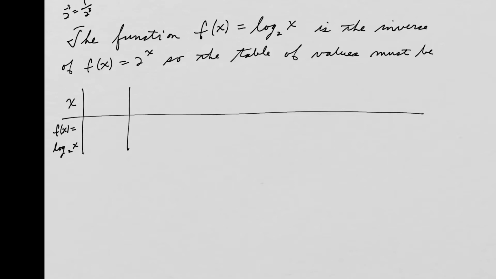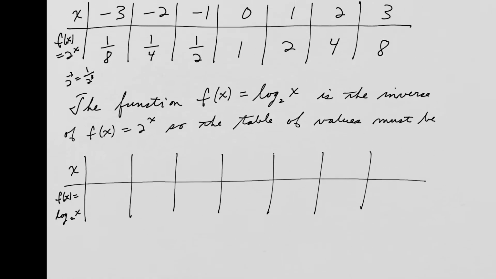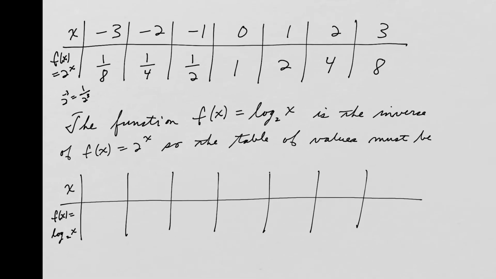Okay, because these are inverse functions, right? Remember from up above, let me go back to this table. If my input to the 2 to the x function was -3, the output was 1/8. If the input was -2, the output was 1/4, and so on. But since this log base 2 of x is the inverse of it, those values flip, right?